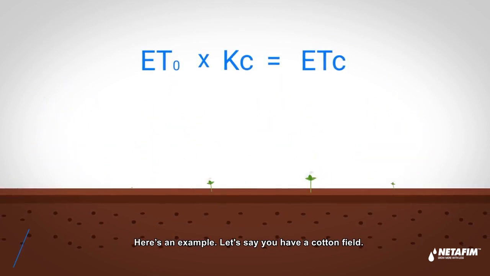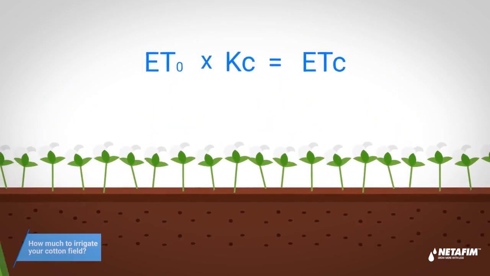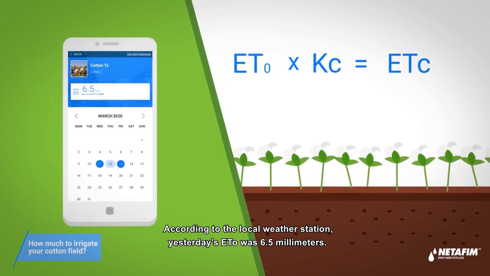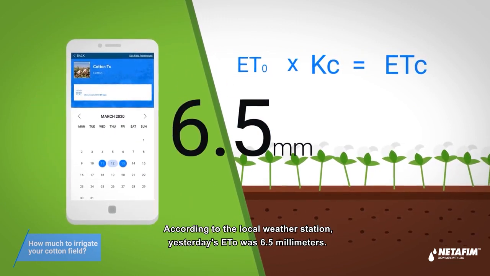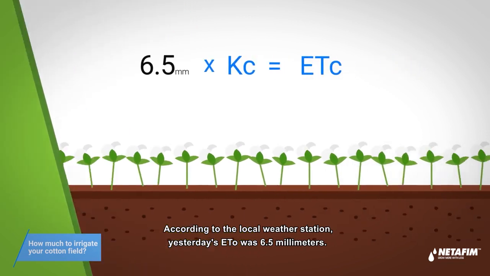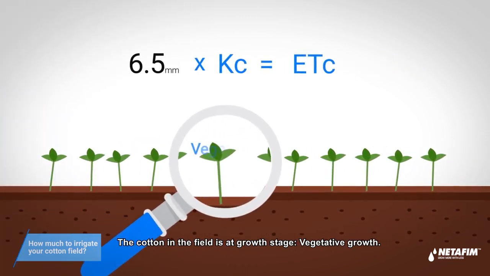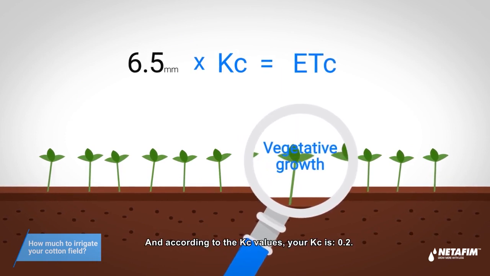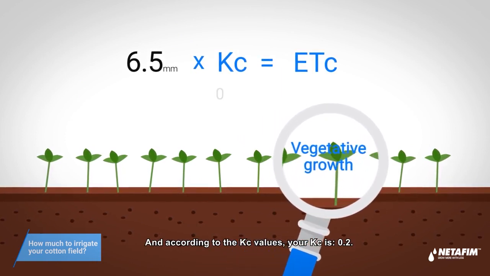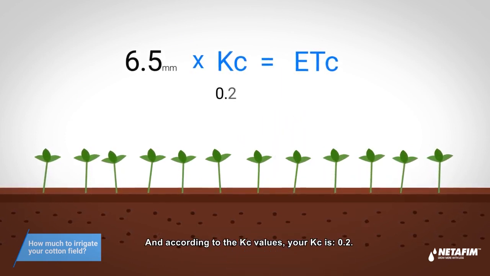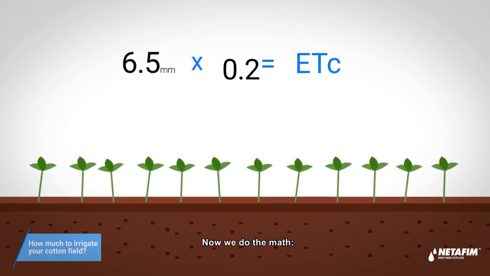Here's an example. Let's say you have a cotton field. According to the local weather station, yesterday's ETO was 6.5 millimeters. The cotton in the field is at growth stage, vegetative growth. And according to the Kc values, your Kc is 0.2. Now we do the math.